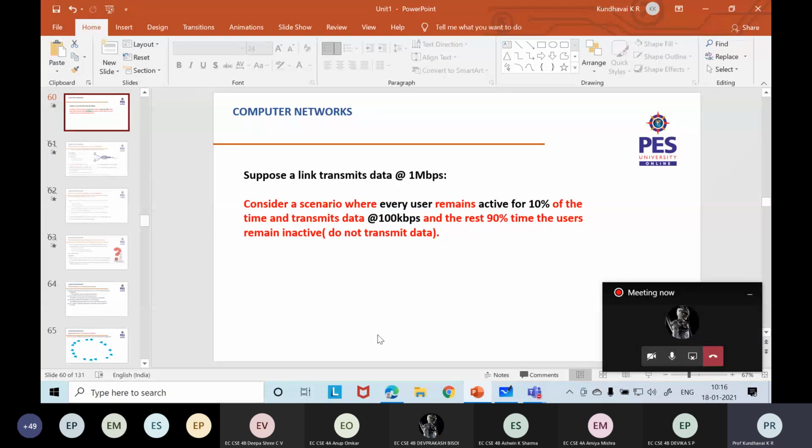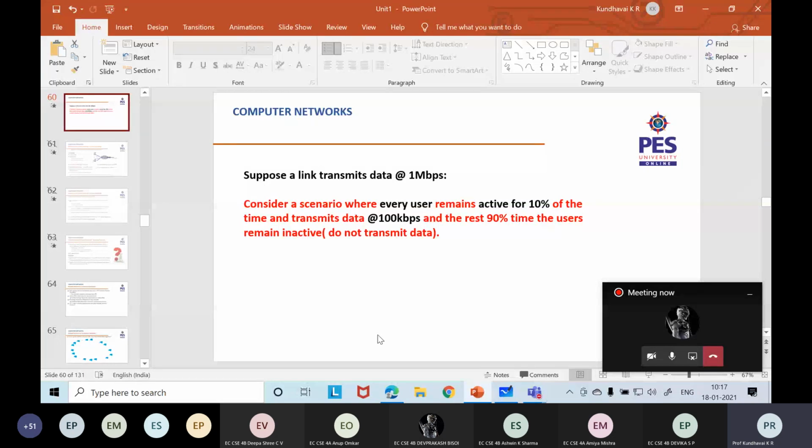I would suggest you take down this question, everyone, because we are going to arrive at certain declarations on this question with respect to circuit switch networks and also packet switch networks. So I would suggest you copy this in your note. Suppose a link transmits data at 1 Mbps rate.